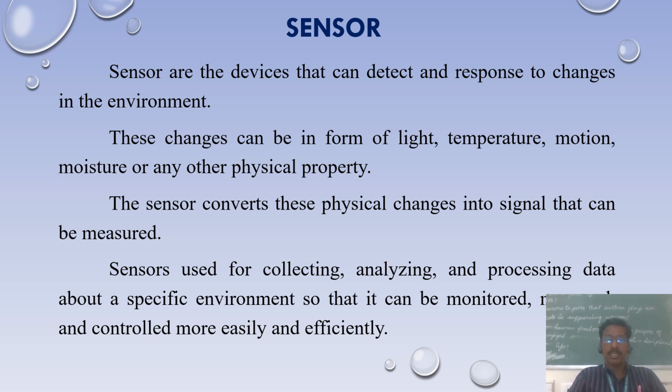Generally, they are used for collecting, analyzing, and processing data about the specific environment so that it can be monitored, measured, and controlled more easily and efficiently. Before analyzing the data, we have to fetch the data and store it in the computer system, on any of the storage devices.